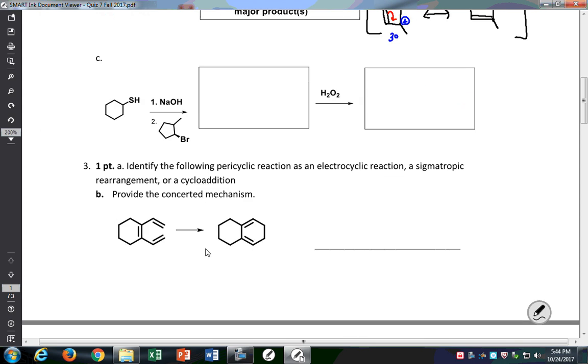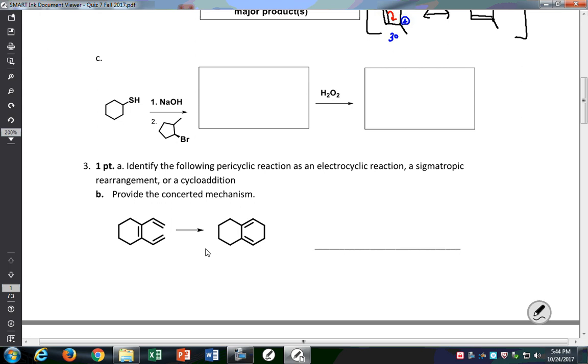Okay, here. Sulfur stabilizes the negative charge better than oxygen. So when we react something like our NH, none of them work. That one works.